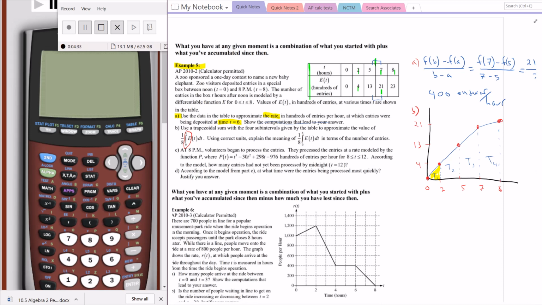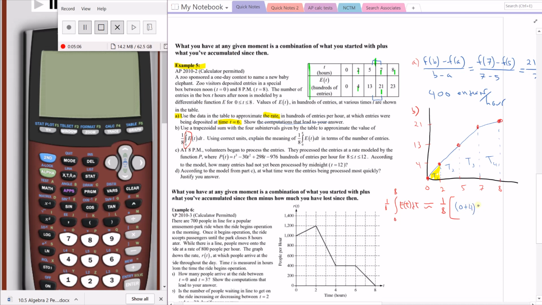So we're going to estimate this. We're going to write 1 over 8, is approximately 1/8, that same 1/8 that's right there, times the area of this first trapezoid: height 1, which is 0, plus height 2, which is the y coordinate at 2, which is 4, times base over 2.